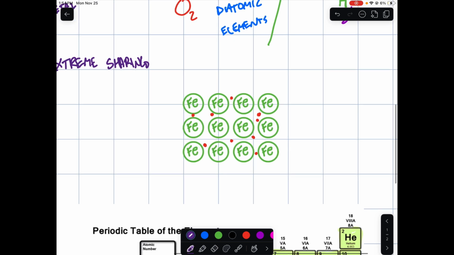We've got an iron metal, and in it I've drawn in some electrons here. These electrons are fluid and they move around a lot. Okay, they're not bound to any one atom. So in a metallic bond, we call it a sea of electrons.